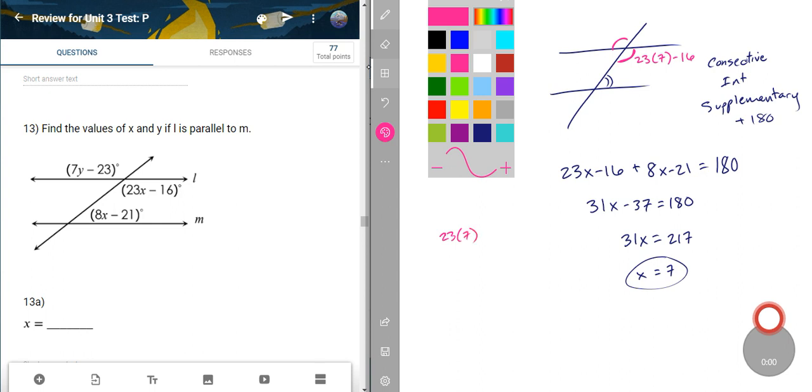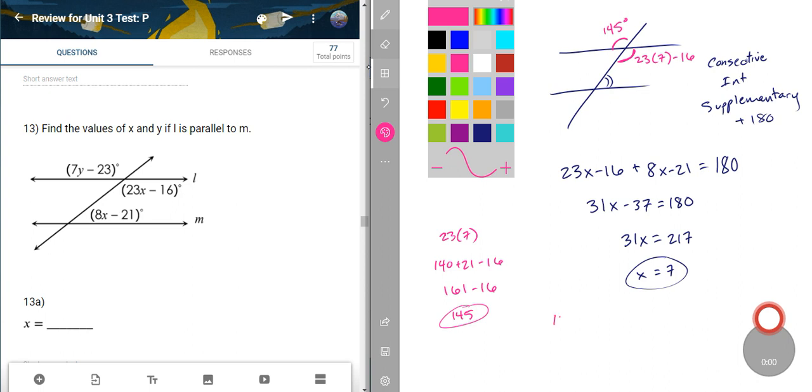Let's see, 23 times 7 is 140 plus 21, so 161 minus that 16, 145. So this is equal to 145, which means this is equal to 145 degrees.